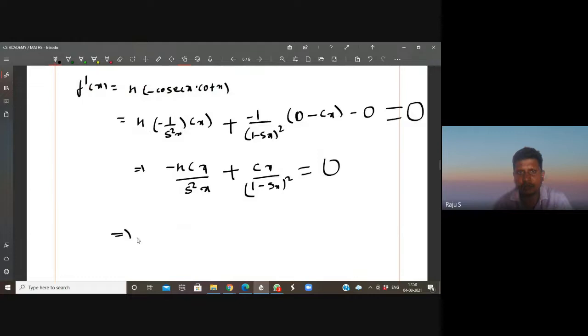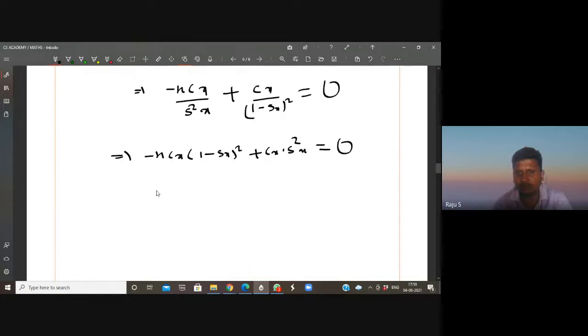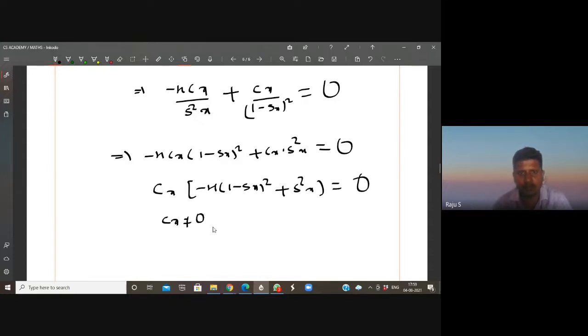We have to take the LCM: minus 4 cos x into 1 minus sin x the whole square plus cos x into sin square x is equal to 0. So cos x you have to take common. Only cos x, minus 4 times 1 minus sin x the whole square plus sin square x is equal to 0. So cos x should not be equal to 0 here.